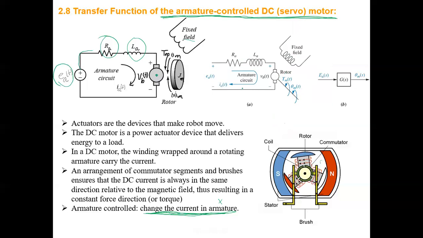So the DC motor can be armature control or field control. This is the field, right? So you can create the magnet. You can have the magnet made of electromagnet. So you can use the electricity to make a magnet, which is called electromagnet.